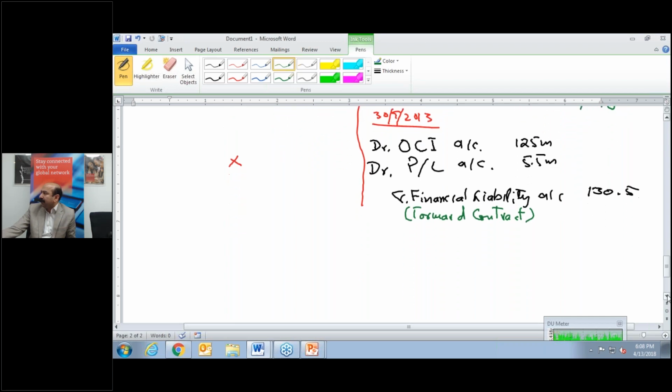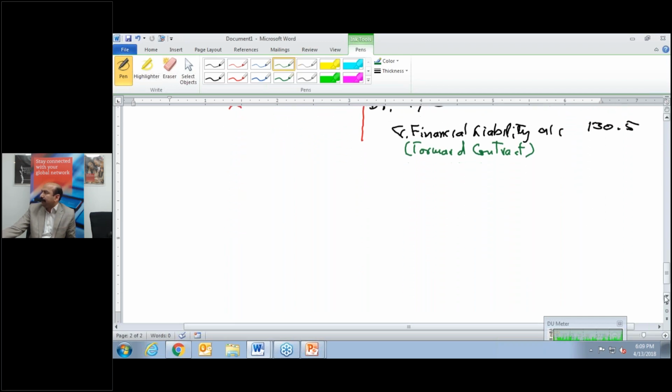Okay, now subsequently the next date is when we receive the fixed asset. On 1st November 2013 we receive the fixed asset. So there will be in fact 2 entries.